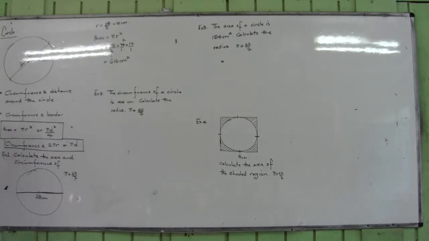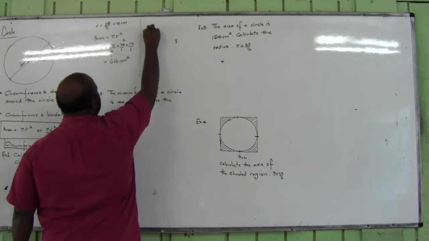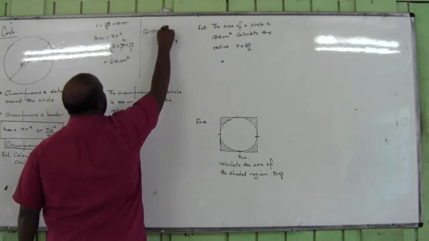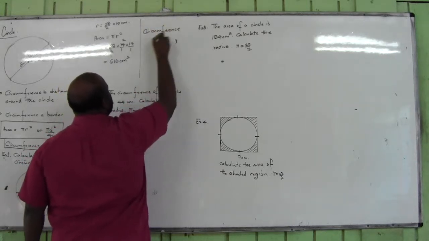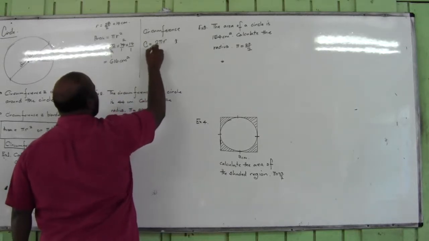Next, we're to calculate the circumference. The circumference refers to the distance around. And the formula for that is C is equal to 2 pi r.